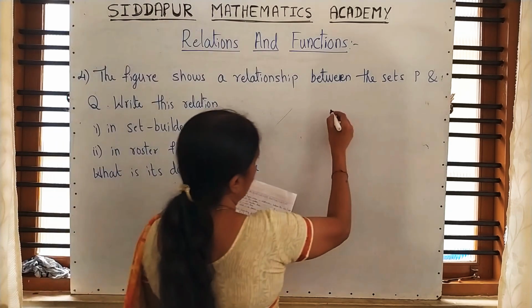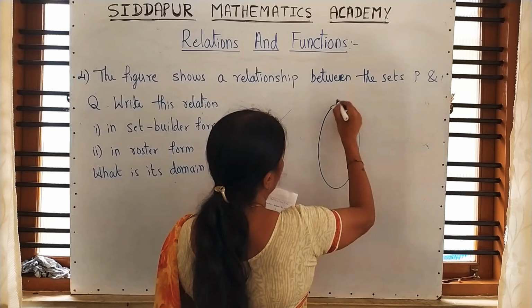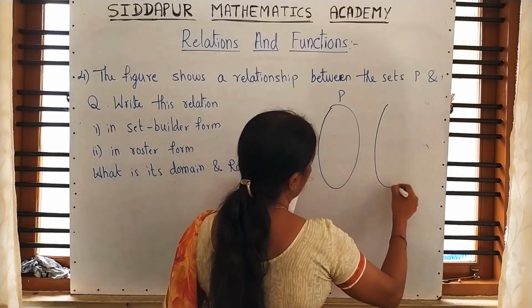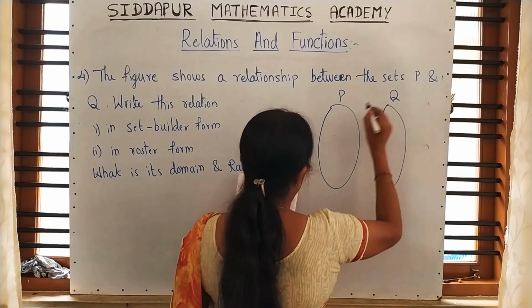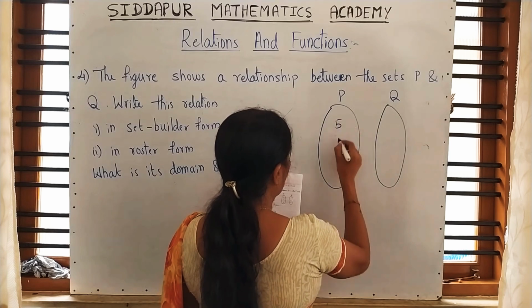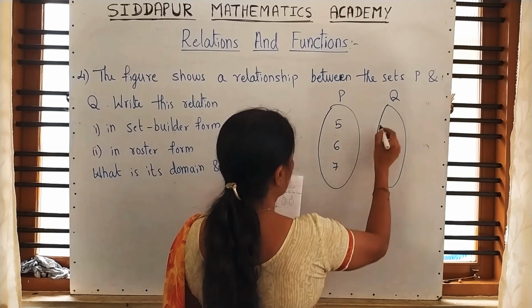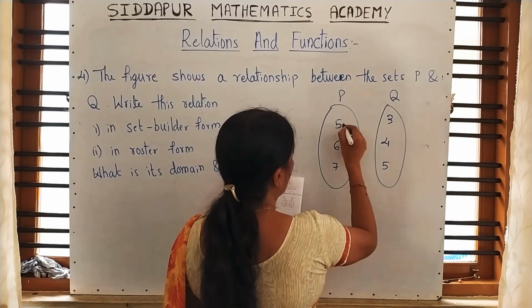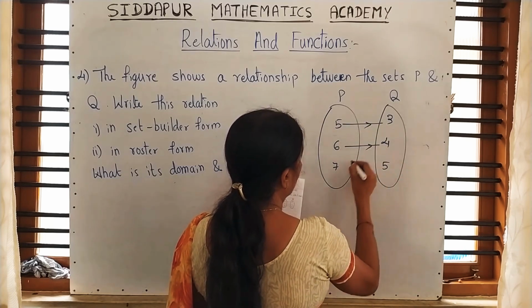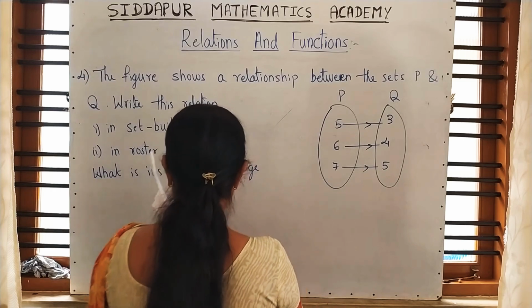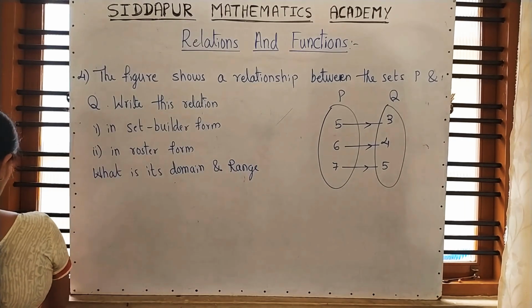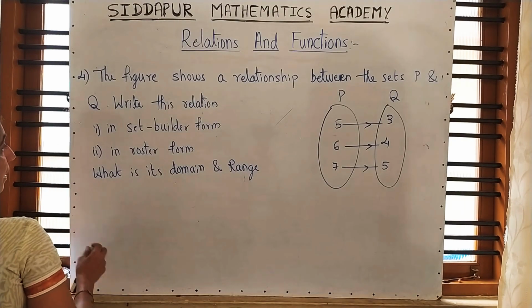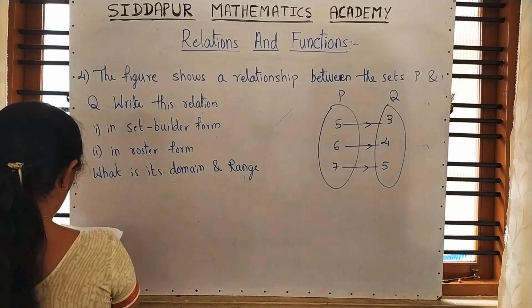And the figure is like this. This is P, this is Q. 5, 6, 7 and 3, 4, 5. See, these are connected with these numbers. Can you write the relation with the help of the figure in set builder form?